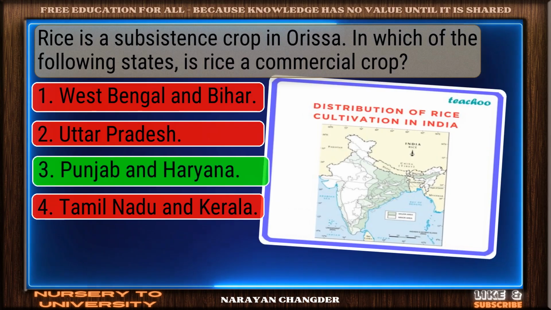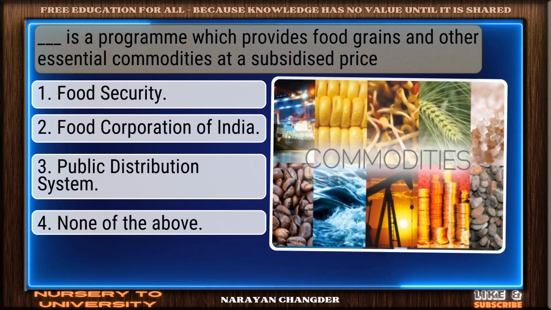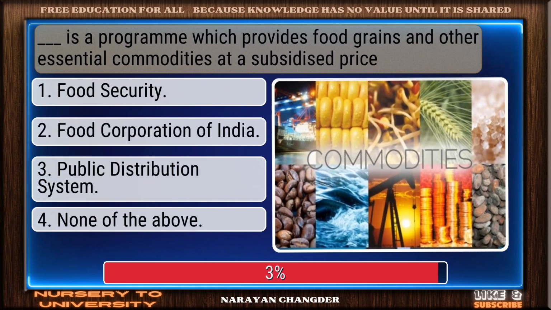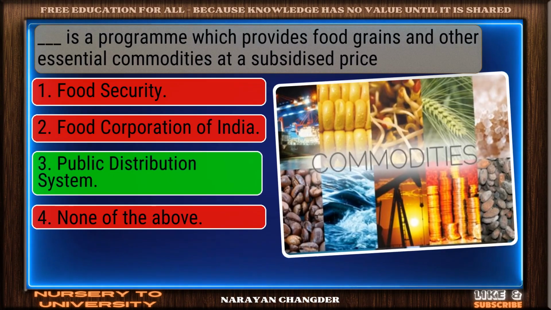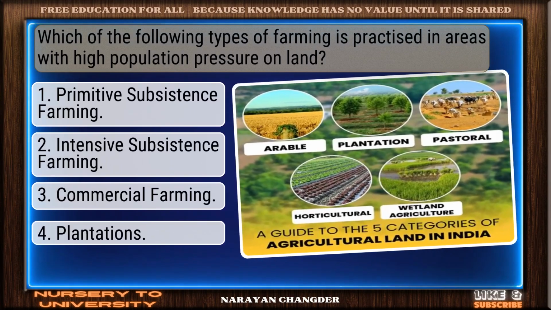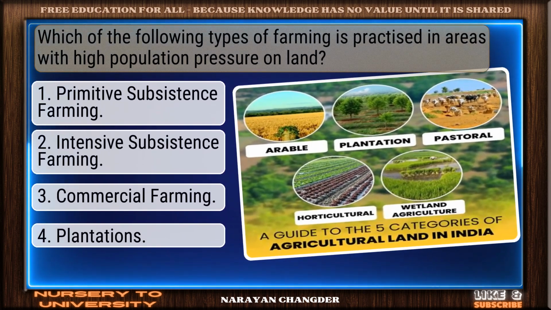Punjab and Haryana is right. The public distribution system is a program which provides food grains and other essential commodities at a subsidized price. Well done. Public distribution system is right. Which of the following types of farming is practiced in areas with high population pressure on land?